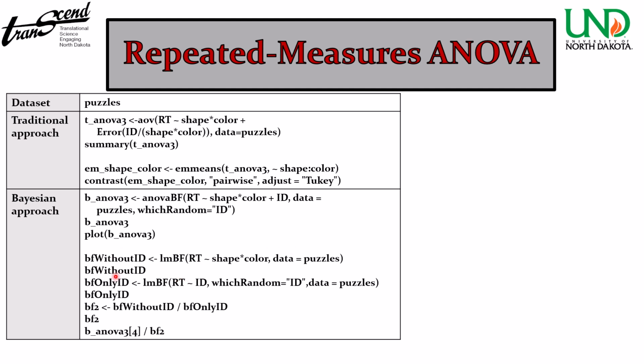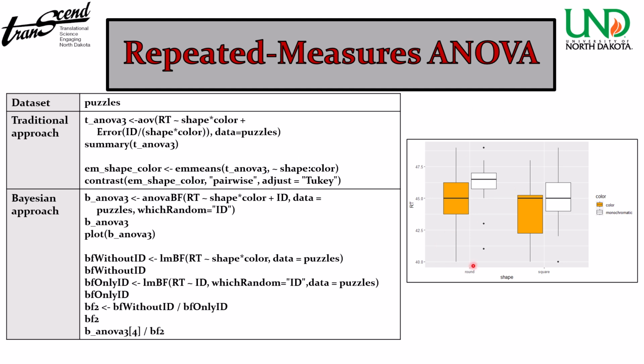So BF without ID, you can have that here. You can have only ID, just as y is a function of our repeated measure, the ID. You can have these things here, and you compare your ANOVA, your different models, to those things to compare. Did repeated measures matter? Did including ID matter?